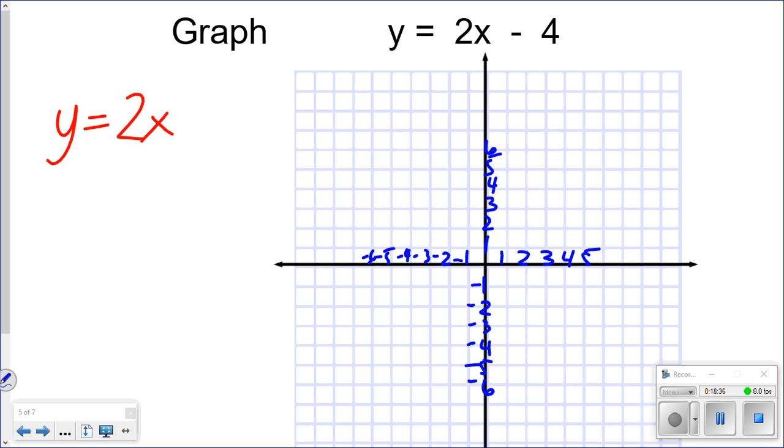Think about what it looks like. Think about what your y is. What is the y in this one? And what is it? 0, right?